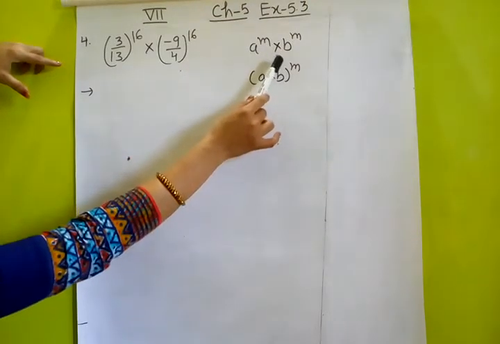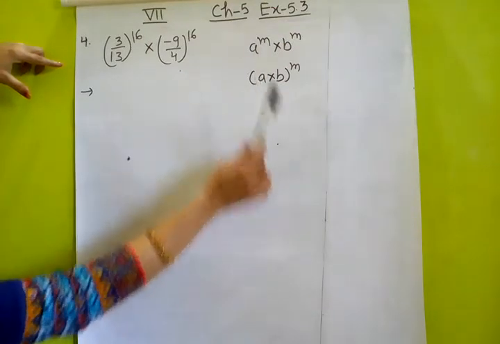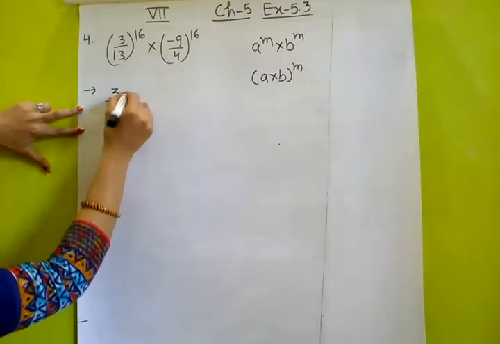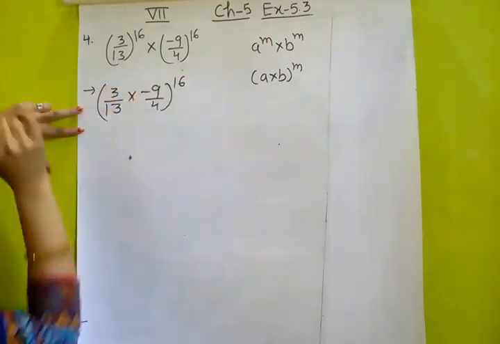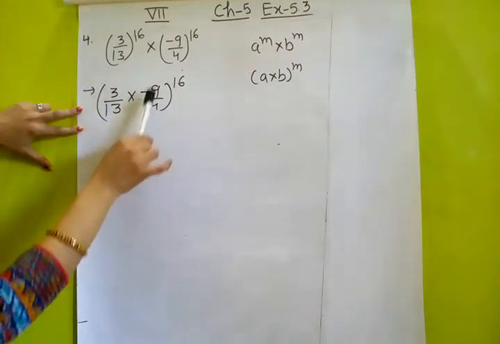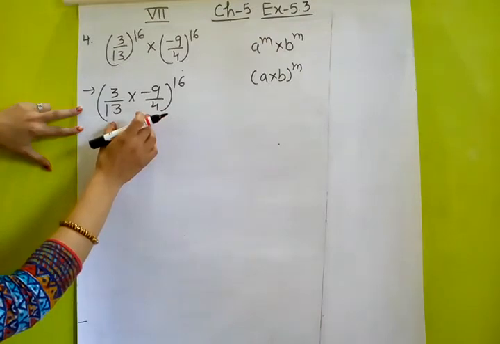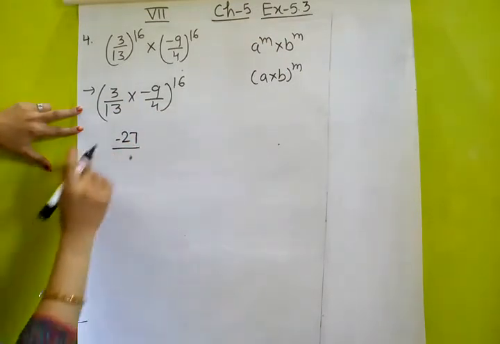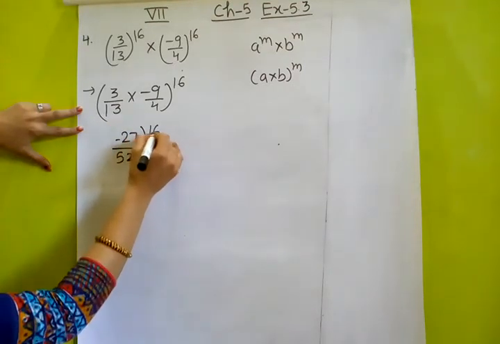When bases are different and powers are same, we can take common power, a multiply b power m. So here students, you can write 3 upon 13 multiply minus 9 upon 4 and power will be common. You can see students here, we cannot use cutting method. So we can do directly multiplication. 3 9s are 27, minus will come as it is, 13 4s are 52 and power 16.